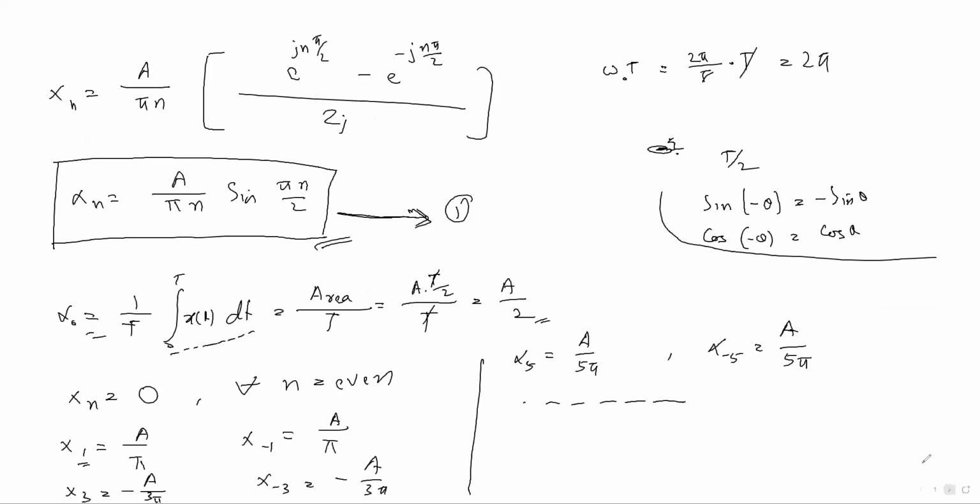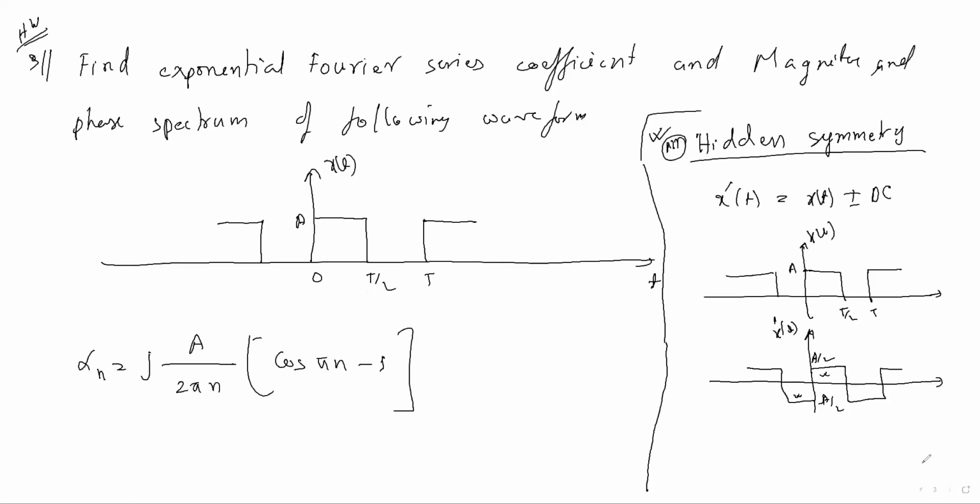The previous one is an even signal, is it not? So if x(t) is a real and even signal, take this as a note. If the time domain signal is real and even, then in the frequency domain we will again get a real and even signal only.